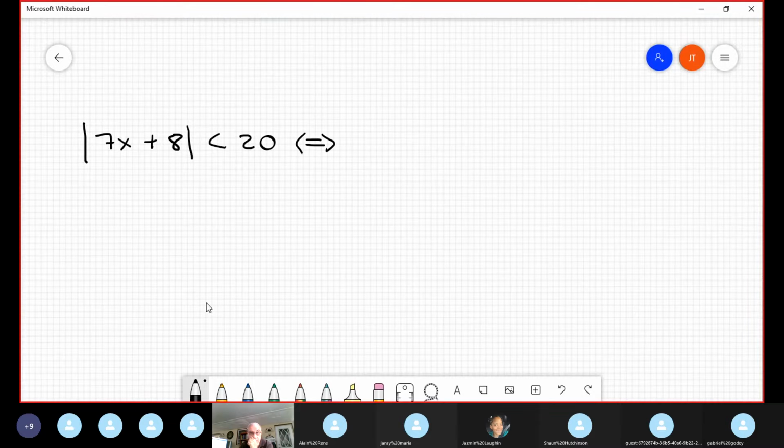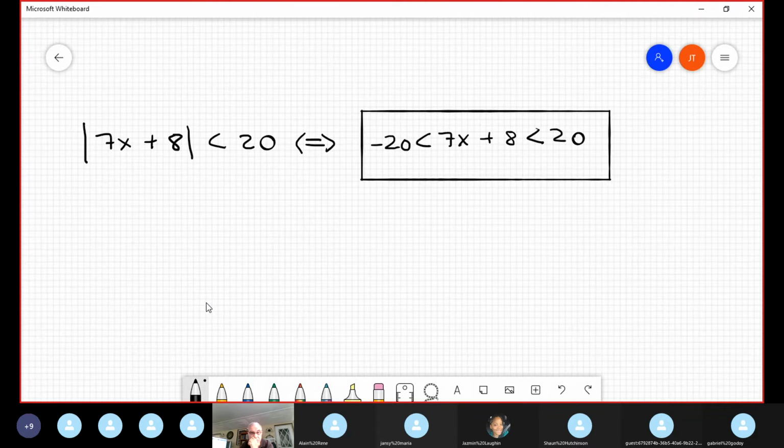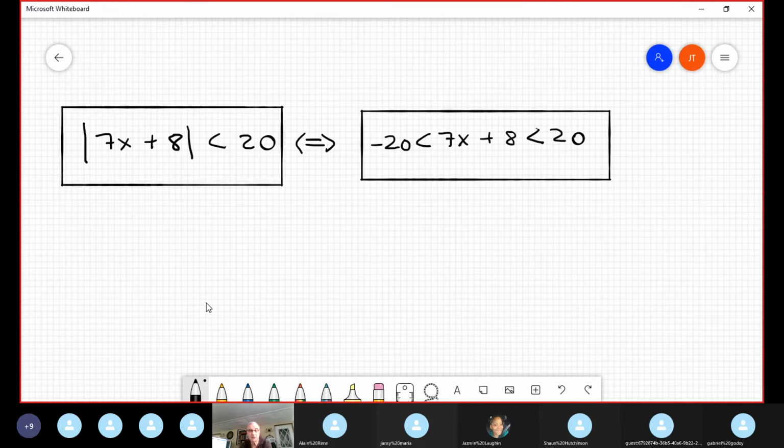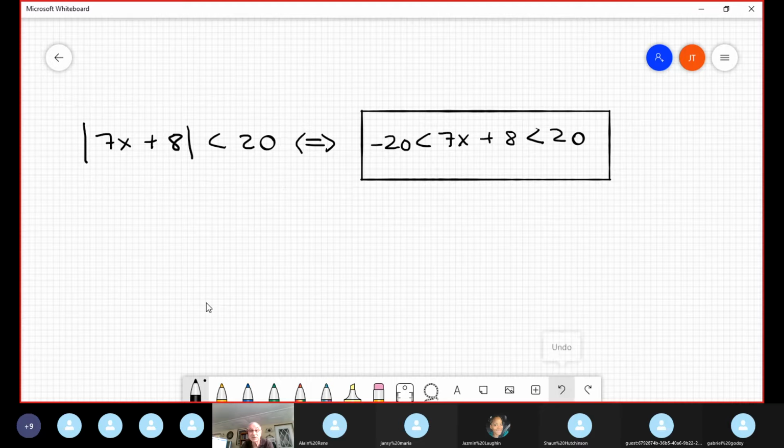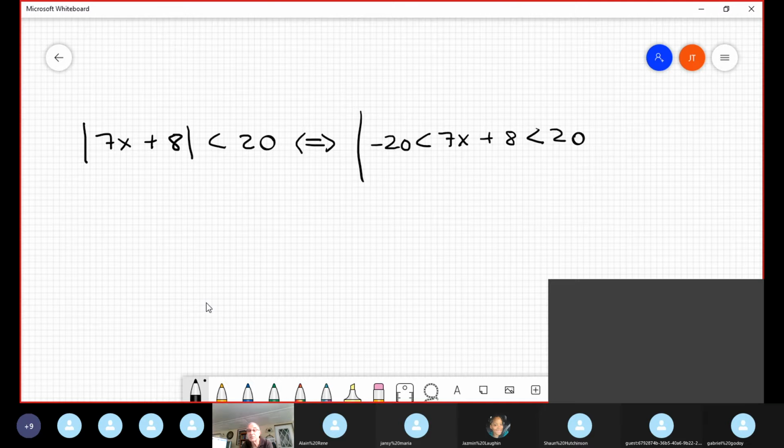You copy the expression inside, it's 7x plus 8, and this expression is in between 20 and -20. Guys, this statement is 100% equivalent to this statement. But the first way is confusing, and the second is clear, because it's similar to the inequality that we are solving in intermediate algebra.